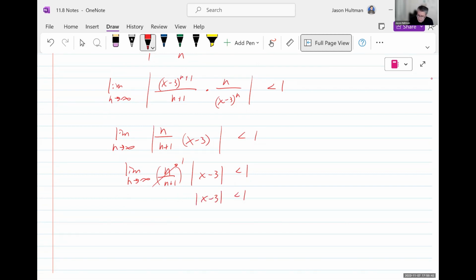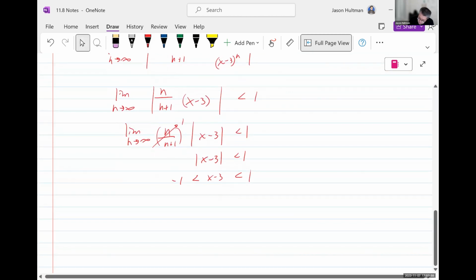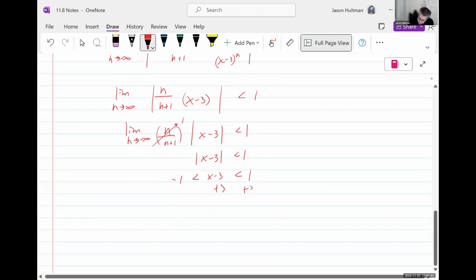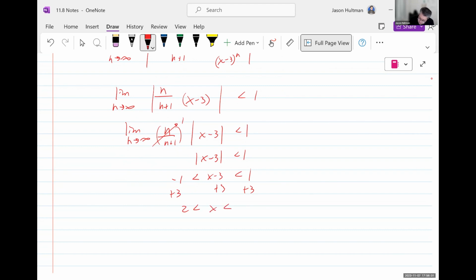When is the absolute value of x minus 3 less than 1? Well, that's a compound inequality. This is my and statement. Negative 1 is less than x minus 3, which is less than 1. If I add 3, I get 2 is less than x, which is less than 4.